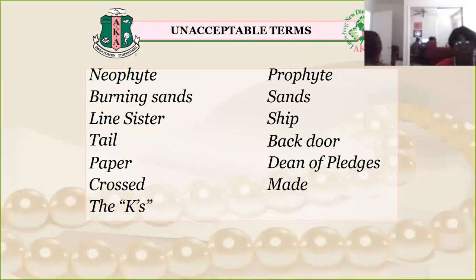Now, Sorors, we are aware that these terms are used in a personal manner, depending, of course, on when you may have been made an Alpha Kappa Alpha woman. However, as far as the sorority goes, present day, these terms should not be referred to.